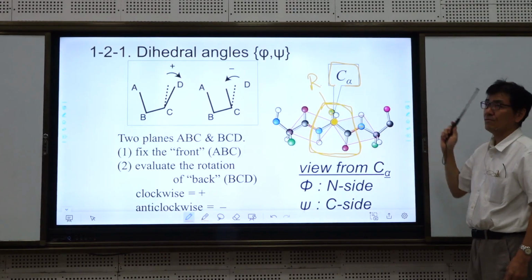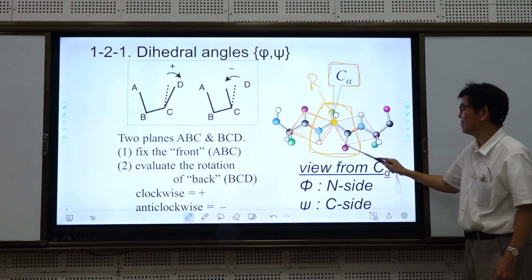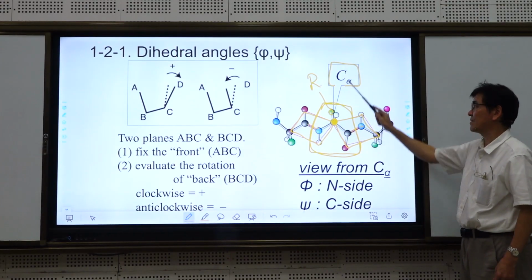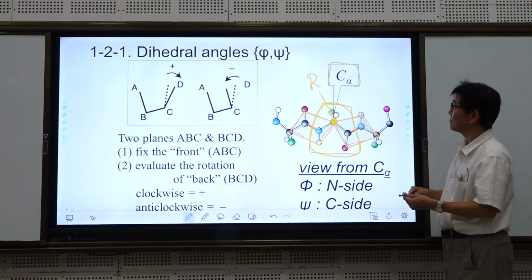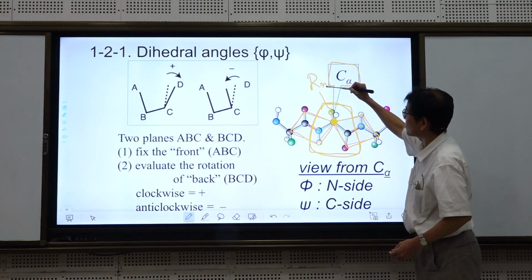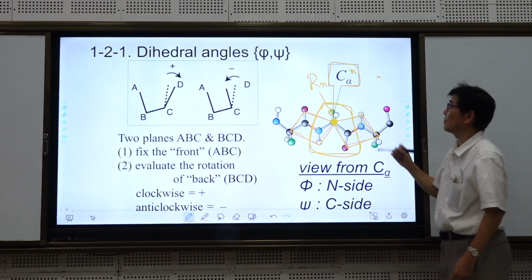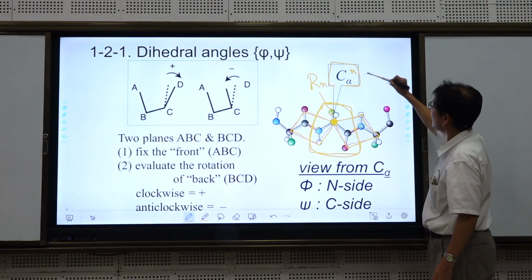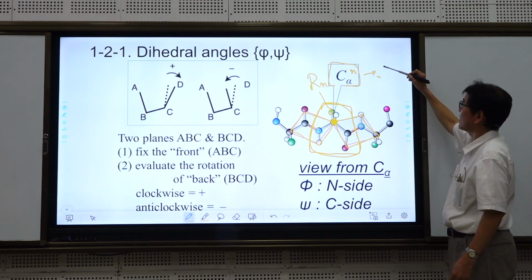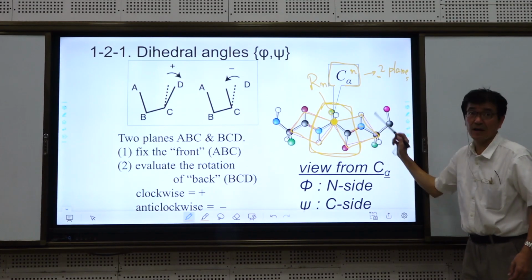And from this consideration, we can set two planes that flank C alpha. So let's consider this is the nth amino acid, then this is the nth carbon alpha. Then for this carbon alpha, we can define two planes.